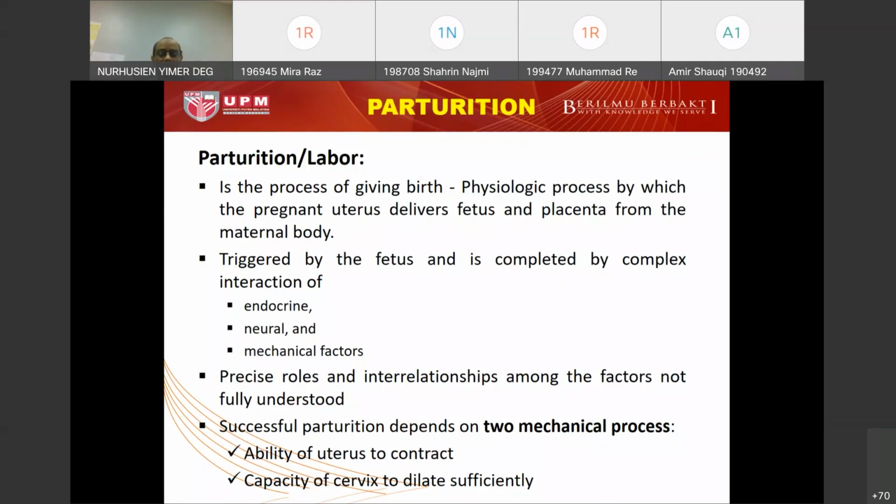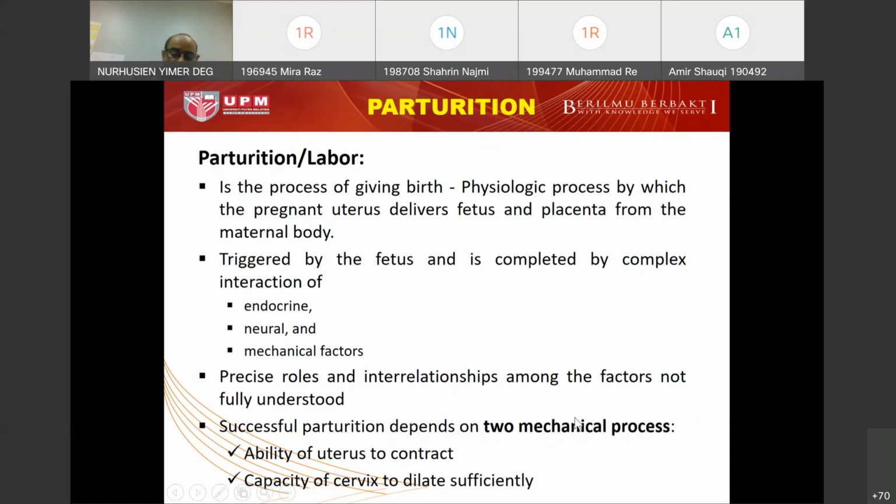So for a successful parturition to occur, one of the main factors, as I mentioned, is the mechanical factors needed, all right? There are basically two mechanical processes during parturition which are definitely required. Otherwise, you will end up with a problem of calving, which we call dystocia, which we will discuss in another lecture.